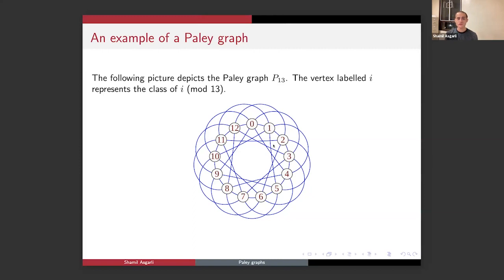And you can see other ones too. For example, 1 is connected to 10 because 10 minus 1 is 9, which is a square mod 13. As you can see from the picture, it's a highly symmetric and quite an elegant graph. And this is only the Paley graph of order 13.